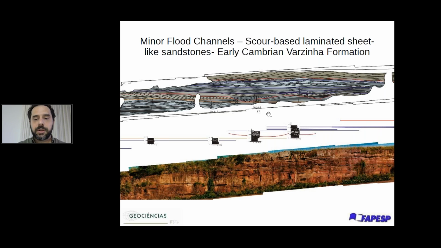But in other parts of the system, we have these beautifully exposed fining upward cycles with erosional bases and ending up with cracked muds that can easily be interpreted as events of flooding, abandonment and exposure, that would be shallow ephemeral channels.